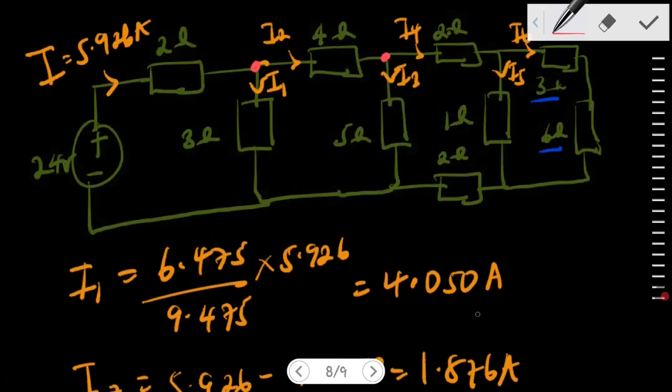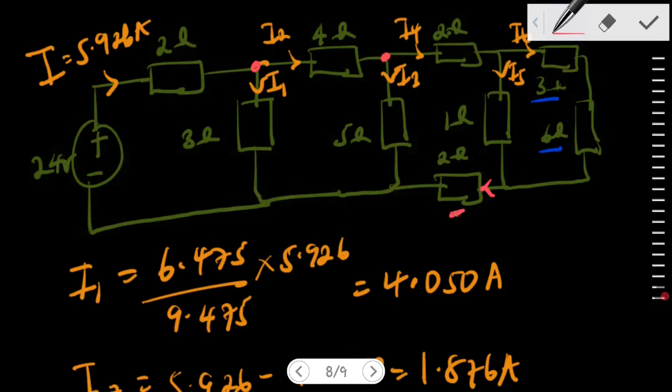But now, the current that's going to go through the 2 ohm resistor, right? If you look from this diagram, I5 will combine with I6 at this point, so we have I5 plus I6 going through the 2 ohm resistor.